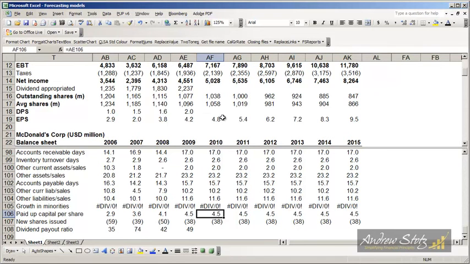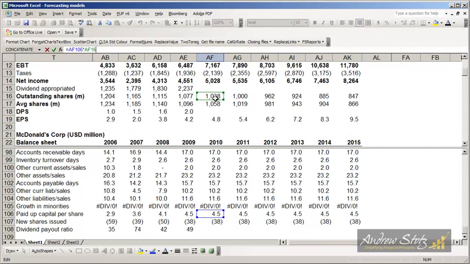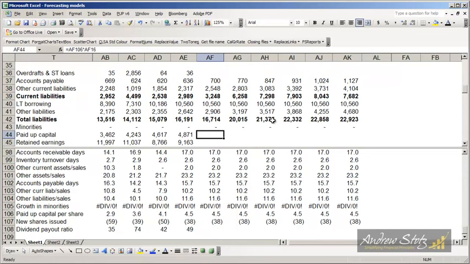And so from that, we'll be able to go back down to the equity section of the balance sheet and say, we know the number of shares outstanding, which is 1038, and we know the paid up capital per share, 4.5. So we can multiply these two together to come up with an estimate of paid up capital. Again, this is a very simplified way of looking at it.